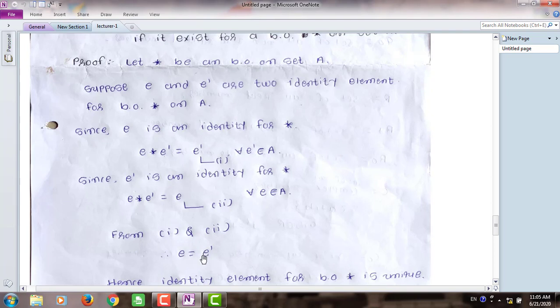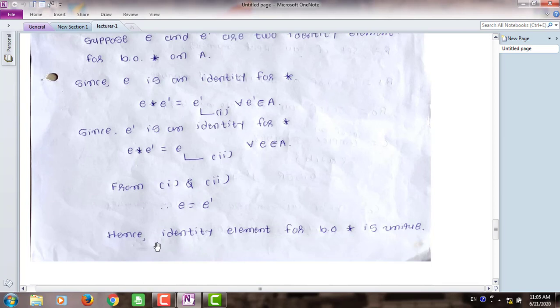We supposed e and e dash are identity elements for binary operation star on set A, but e is equal to e dash. Hence, we prove that the identity element for binary operation star is unique.